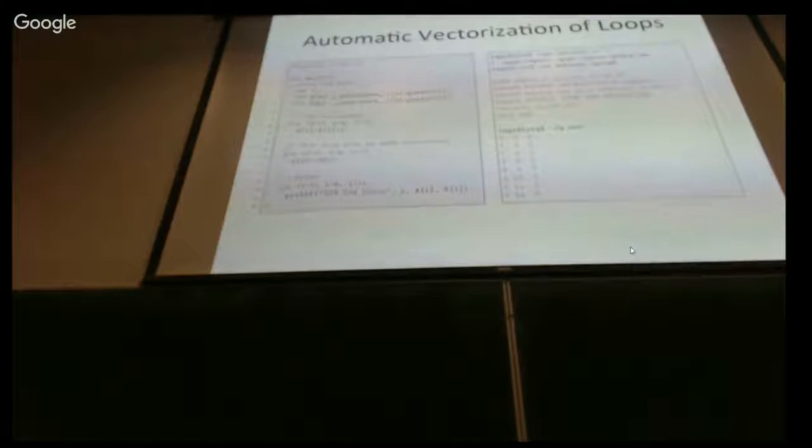Here we touch on the concept of automatic vectorization of loops. You have a code like this on the right, where you're just doing some sort of accumulation of data elements within the arrays A and B. You can see that the middlemost loop will be auto-vectorized.